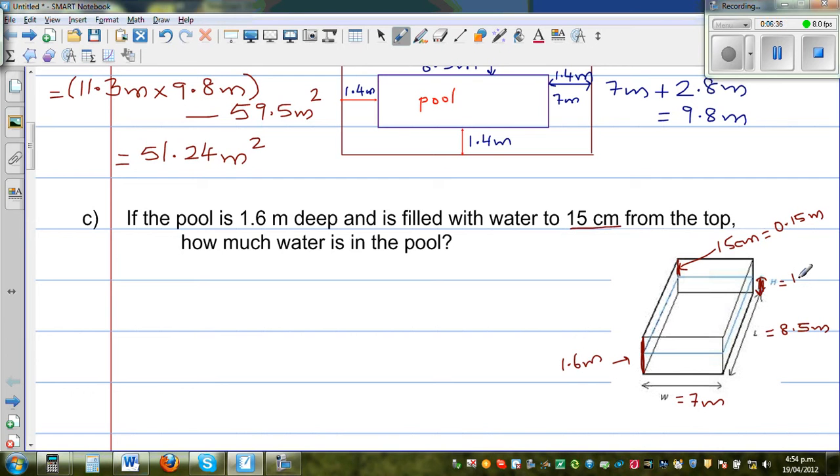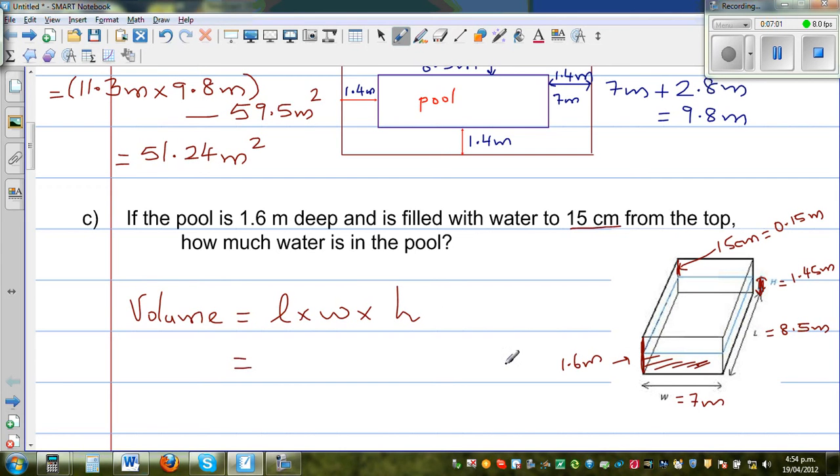This is 1.45 meters. So that will give us the volume of the water, because this is the water, up to this height. Okay, so the volume of water would be length times width times height.